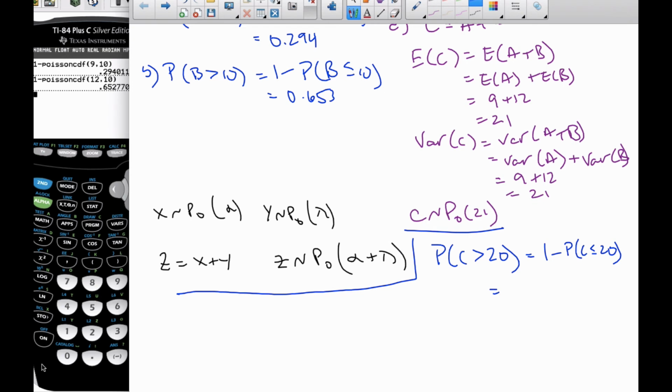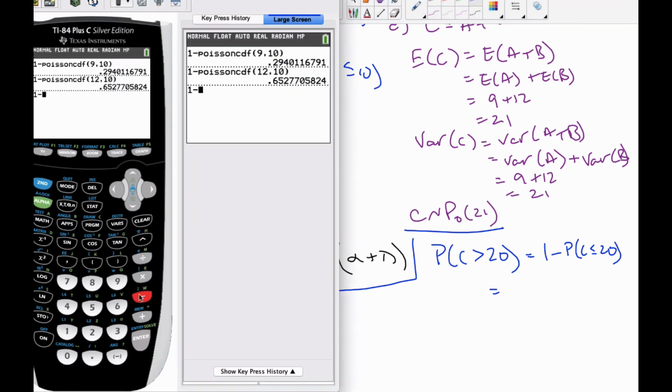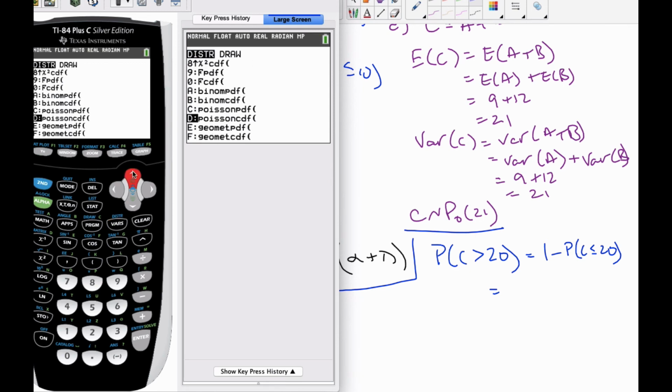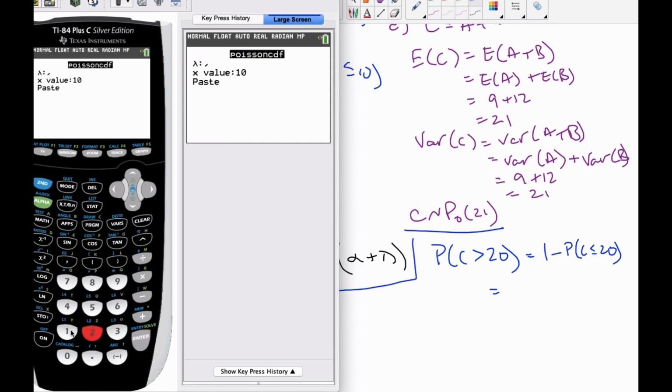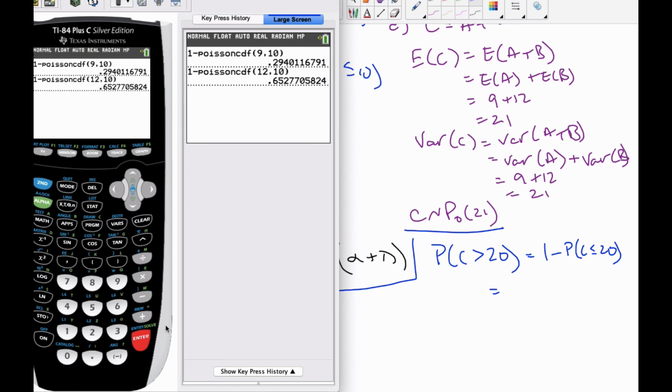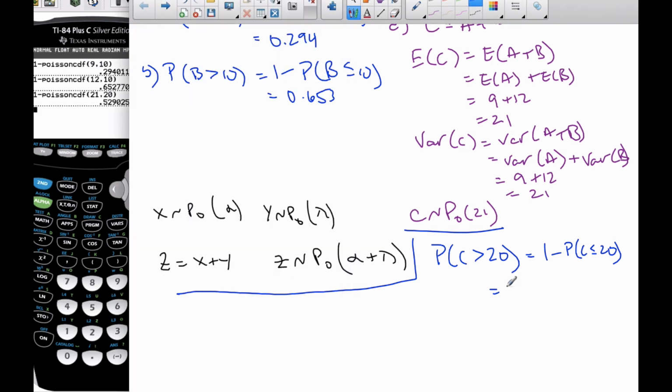Using my calculator, I go 1 minus Poisson CDF. My mean is 21, and I'm going up to 20. And I can see that the probability is 0.529 of having more than 20 cars into the intersection.